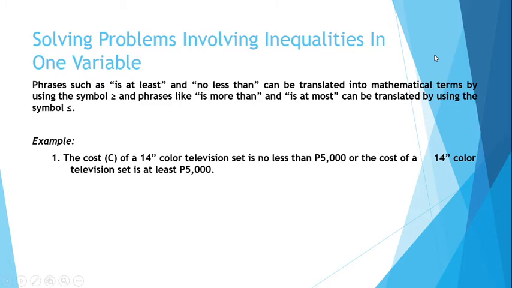Now we have here the example. The cost of a 14-inch color television set is no less than 5,000, or the cost of a 14-inch color television set is at least 5,000 pesos. That means that the cost of the television set will not be less than 5,000, so it should be greater than or equal to 5,000.